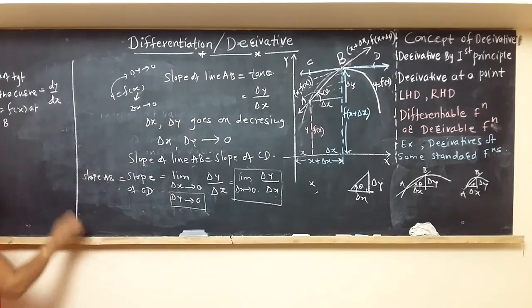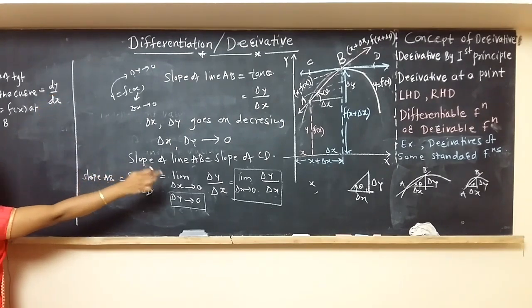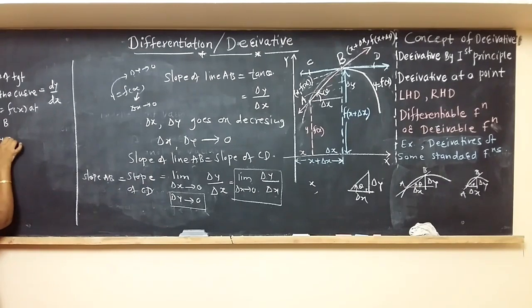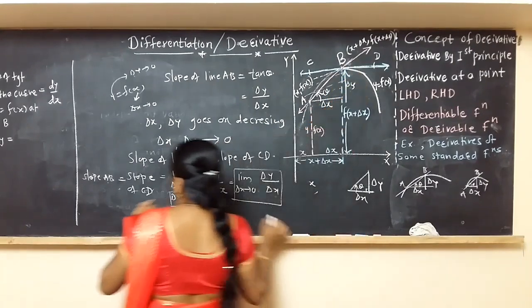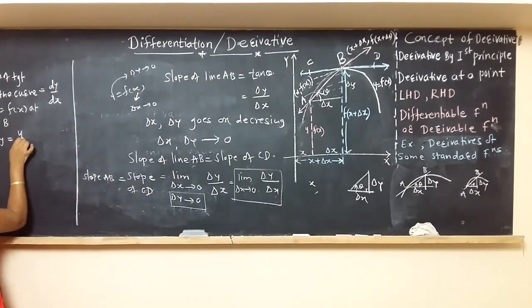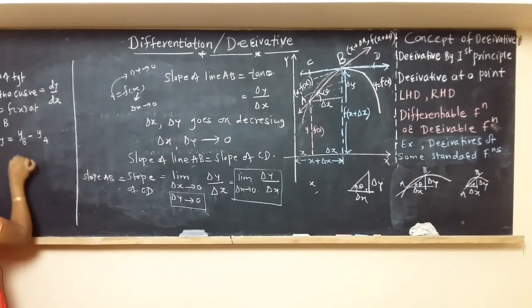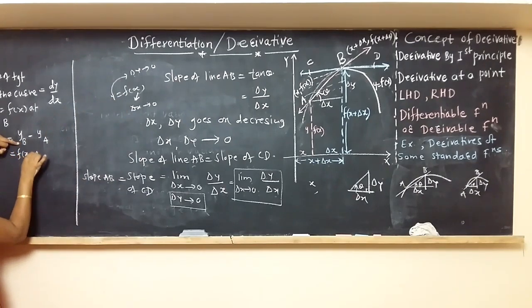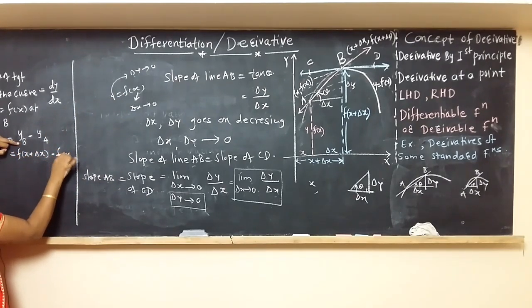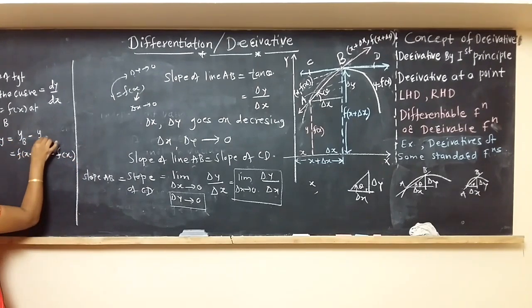After this, here we put the values of delta y and delta x. Delta y is the change in y. We can find the change in y as y at point B minus y at point A. So the y coordinate of point B is f of x plus delta x, minus f of x, that is the y coordinate of point A, which is f of x.